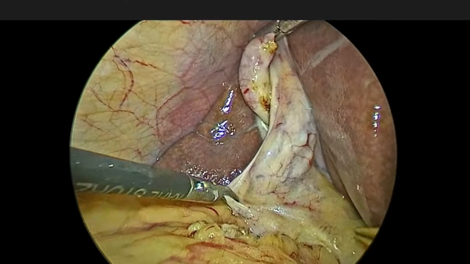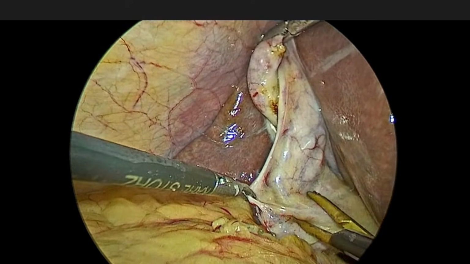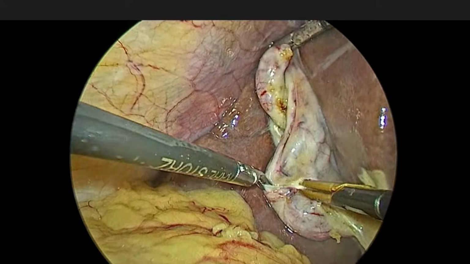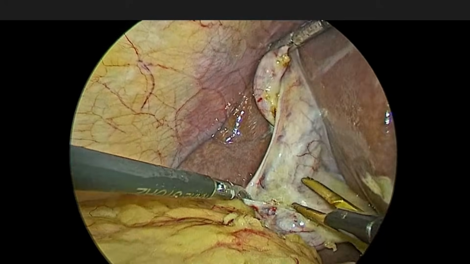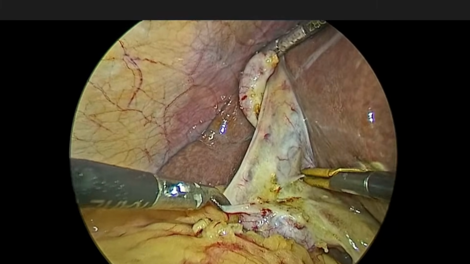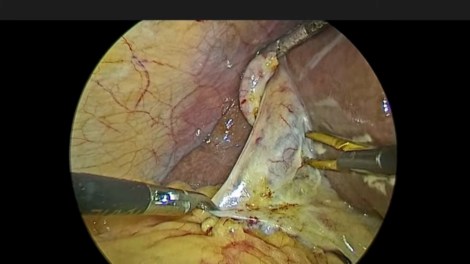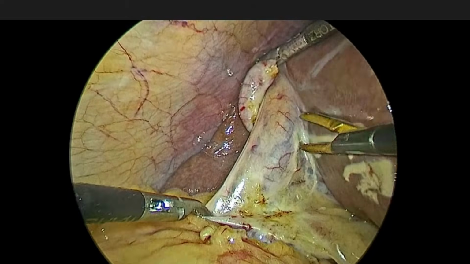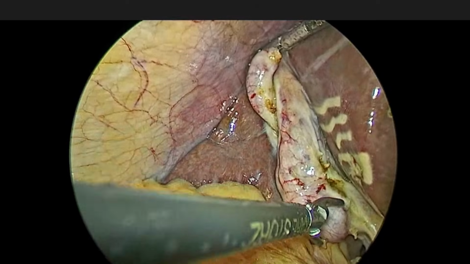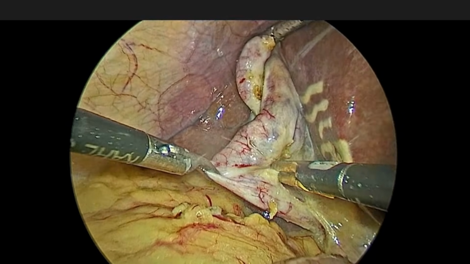and here seems to be the cystic artery branches on the gallbladder, which we are now coagulating. Some dissection of the gallbladder at the level of its body.